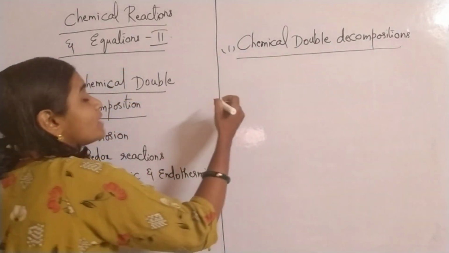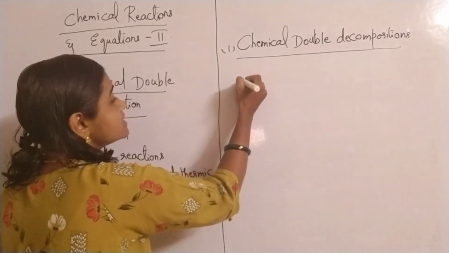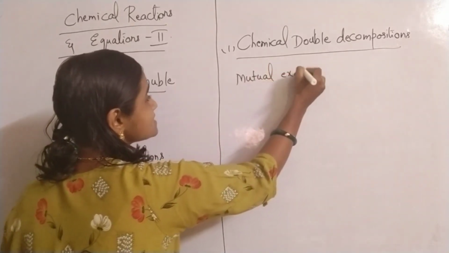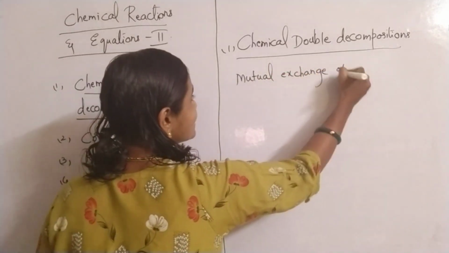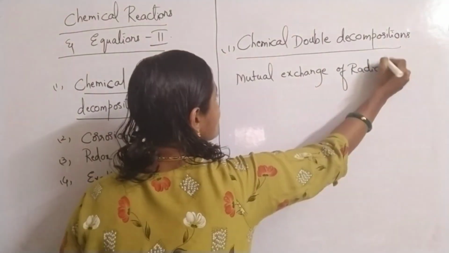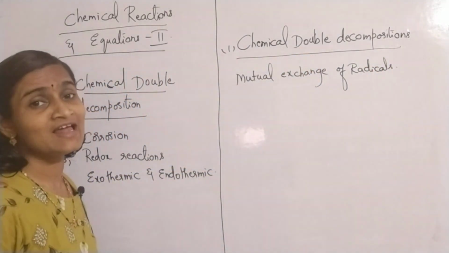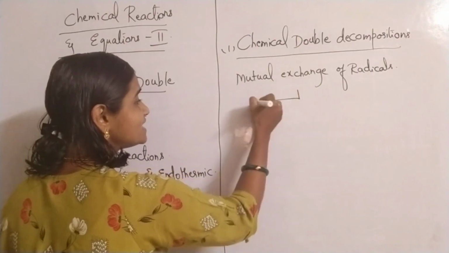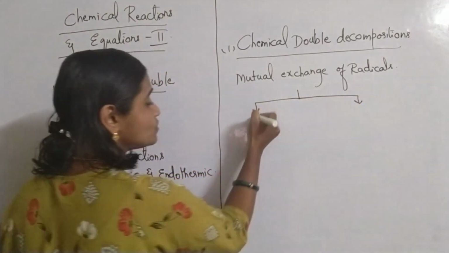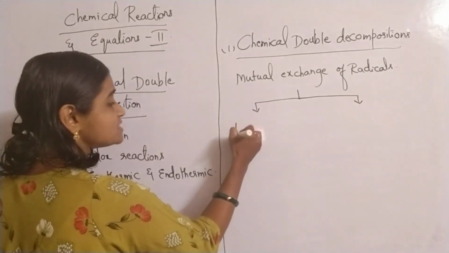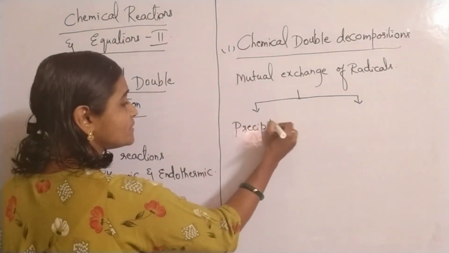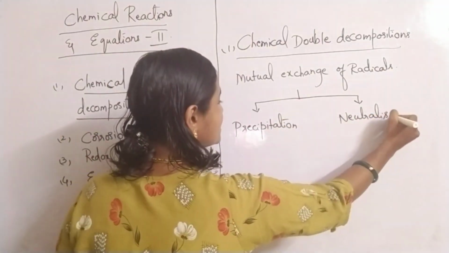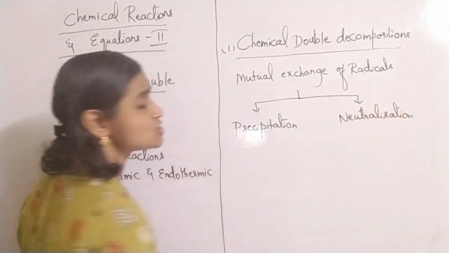This is what you will observe in chemical double decomposition reactions. These reactions are again classified into two types: precipitation reactions and neutralization reactions.